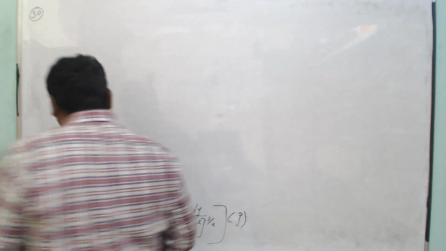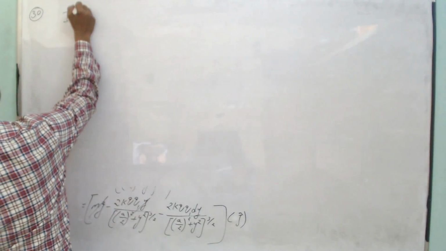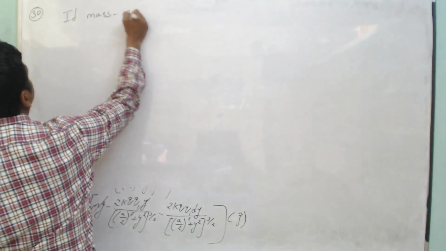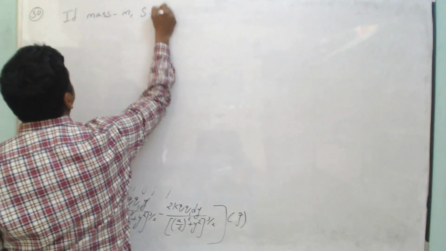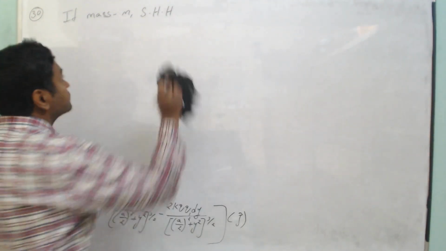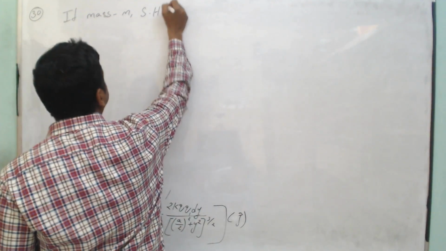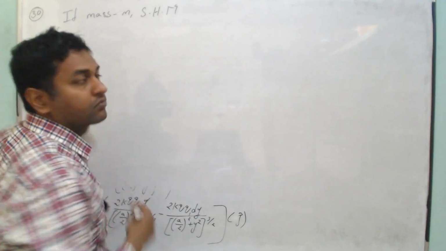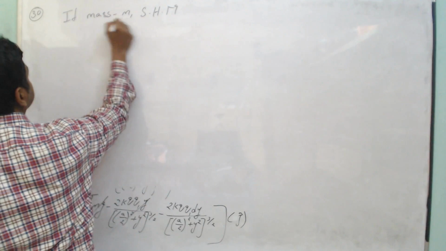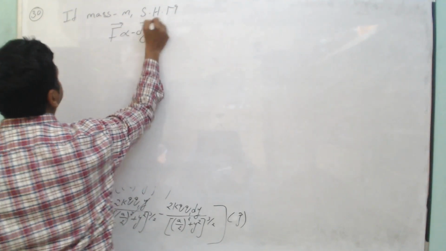So understand it very carefully. If mass m is doing SHM, then what should I get the forces as? I should get the force F bar as proportional to minus of some displacement vector.